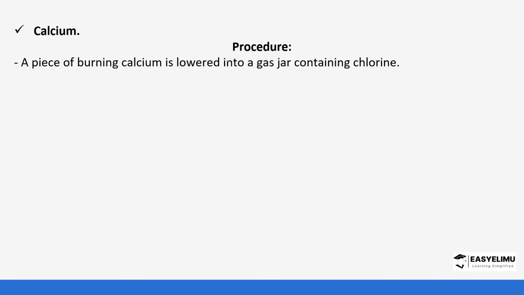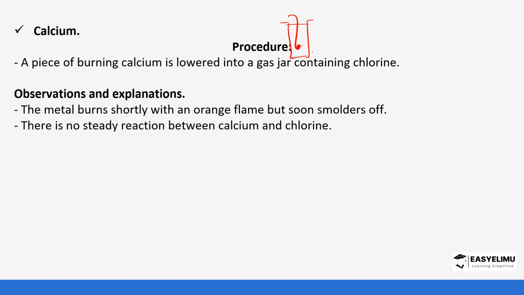Now the same reaction with calcium. It is also placed in a deflagrating spoon and then lowered into a gas jar containing chlorine, and then the reaction is allowed to take place. The metal burns with an orange flame, but soon smolders off.